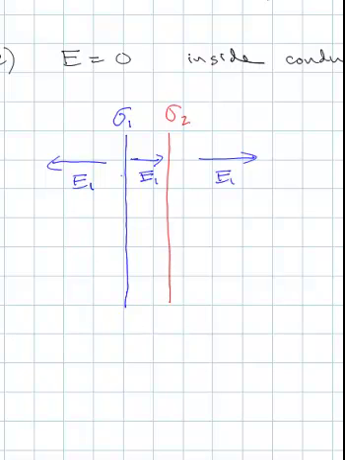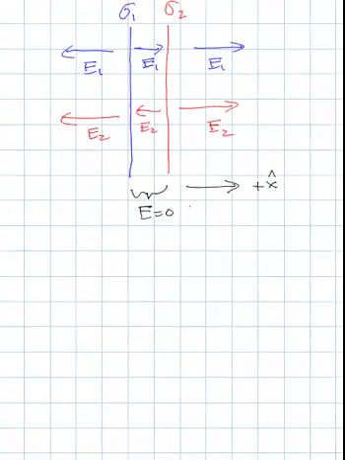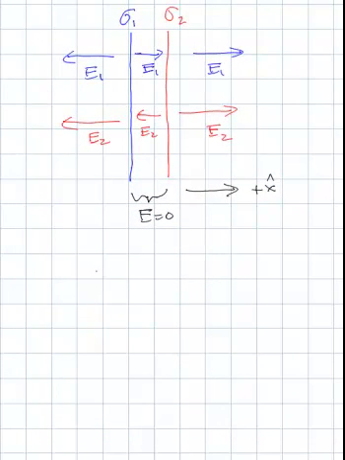But I'll just draw the electric field as if it's positive, and I'll do the same for sigma 2. And I'm going to call that my positive x direction. So now I know that in this region between the two sheets, I have to have E equal to 0.